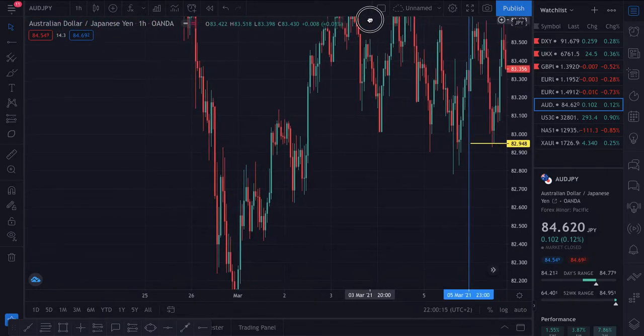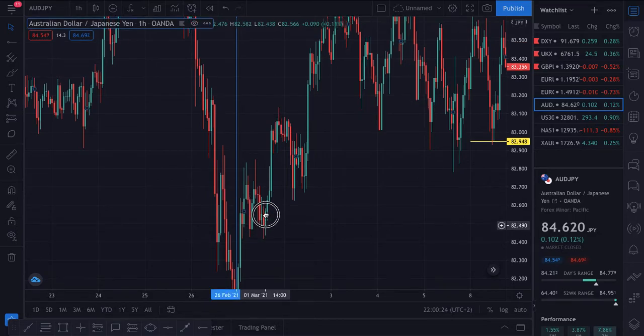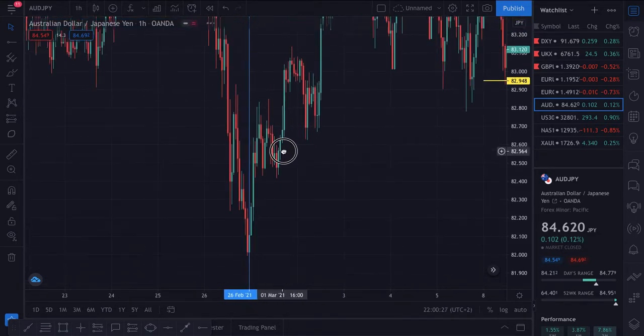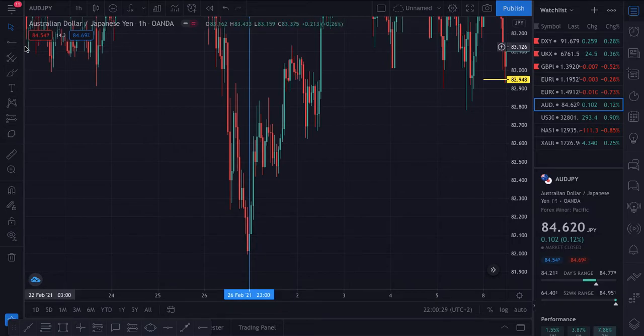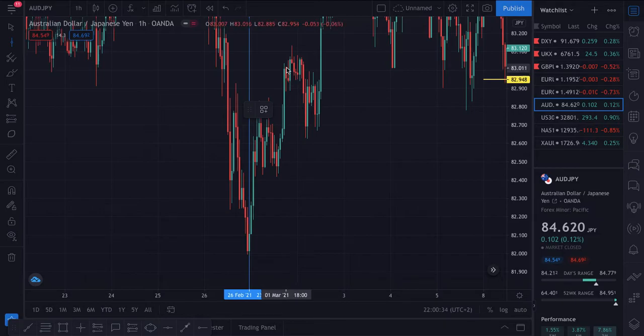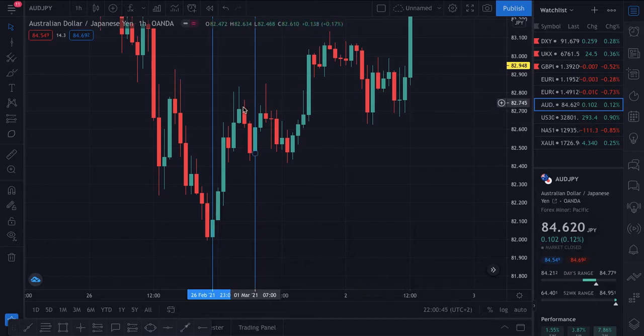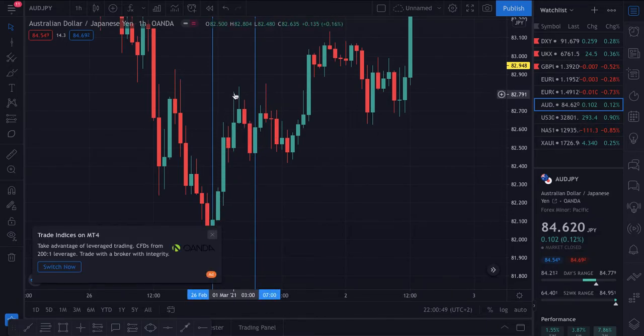And then moving to the previous days, when we check from 11 o'clock up until 7 o'clock. Isn't that a lot? Isn't that a lot of pips?